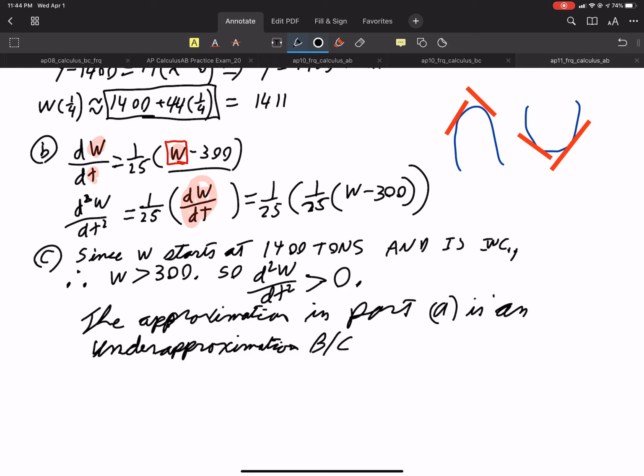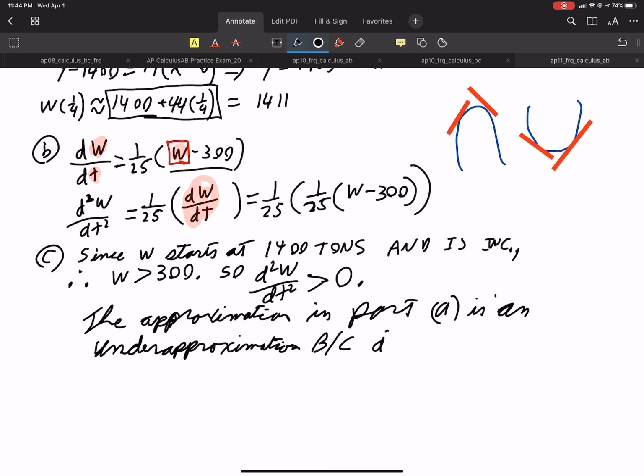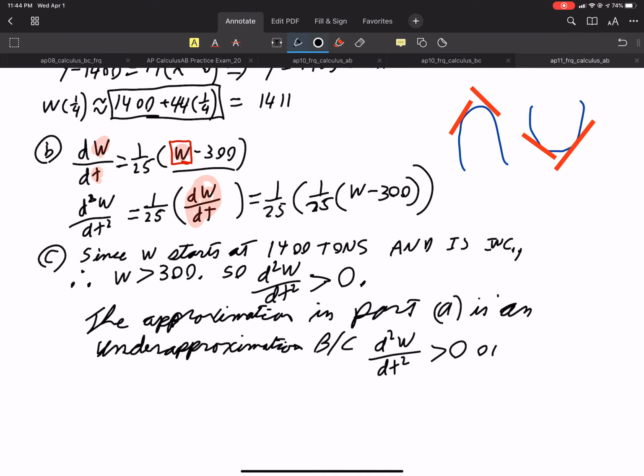Why? Because d2w/dt squared is positive on the interval from 0 to 1/4, 0 being our point of tangency, and 1/4 the point being approximated.